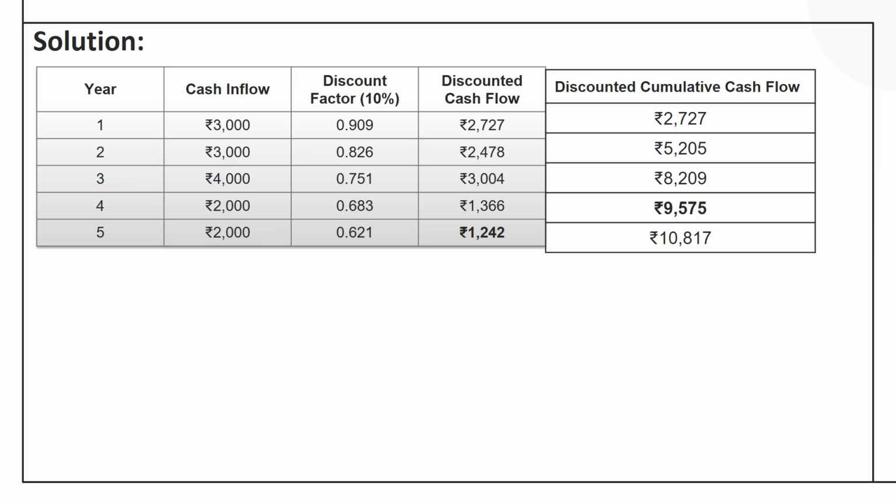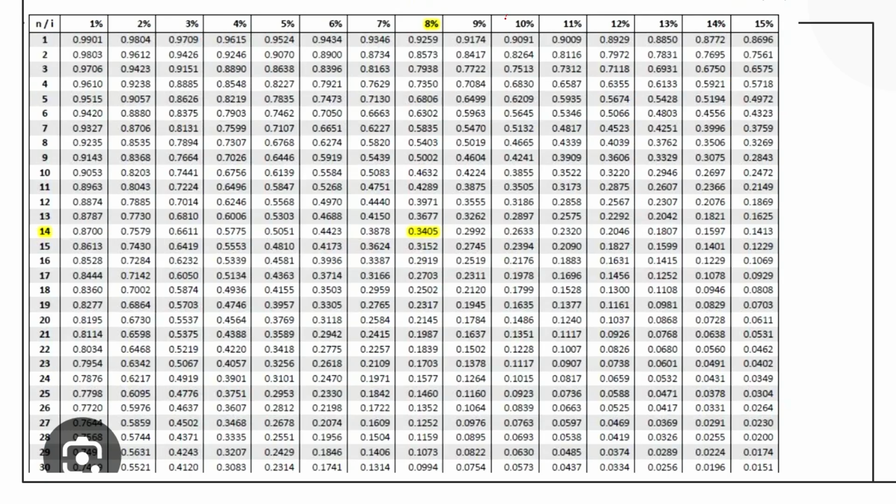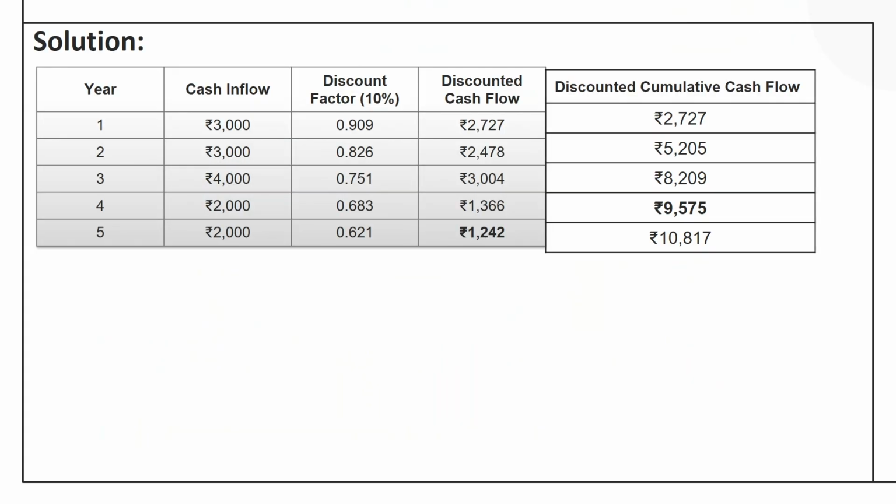Just look back to the table. If you consider this 10% as the cost of capital, you see year 1, year 2, year 3, 4 and 5. These are the PV factors which, if multiplied with the cash flow, convert the future cash flow to its present value.